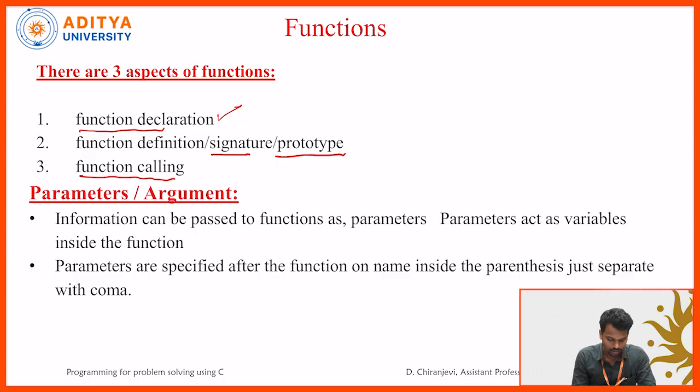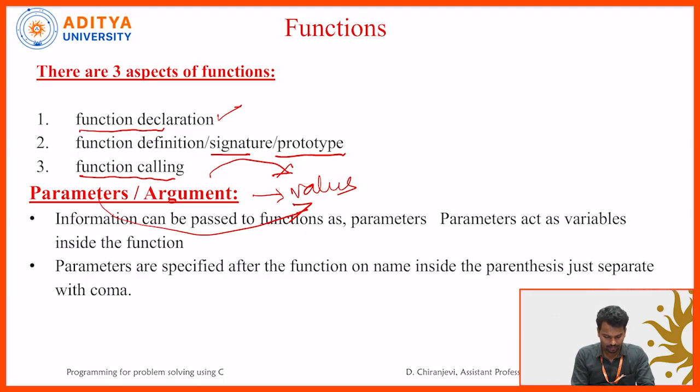Now let's understand the term parameter or argument. A parameter means information which a variable contains. An argument is also like a parameter, information which a variable contains. So simply you can say parameter or argument means values, which we are passing to the function.